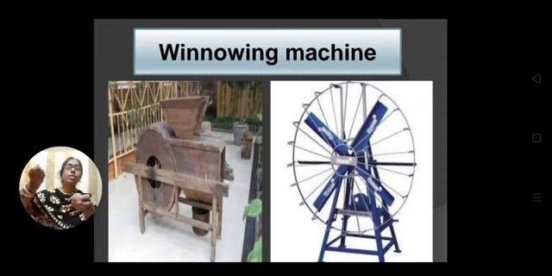You might have observed this; I will show you the diagram. Here the wind will come from the fan, and because of this wind the chaff will be blown out, and the seed will remain in the container.